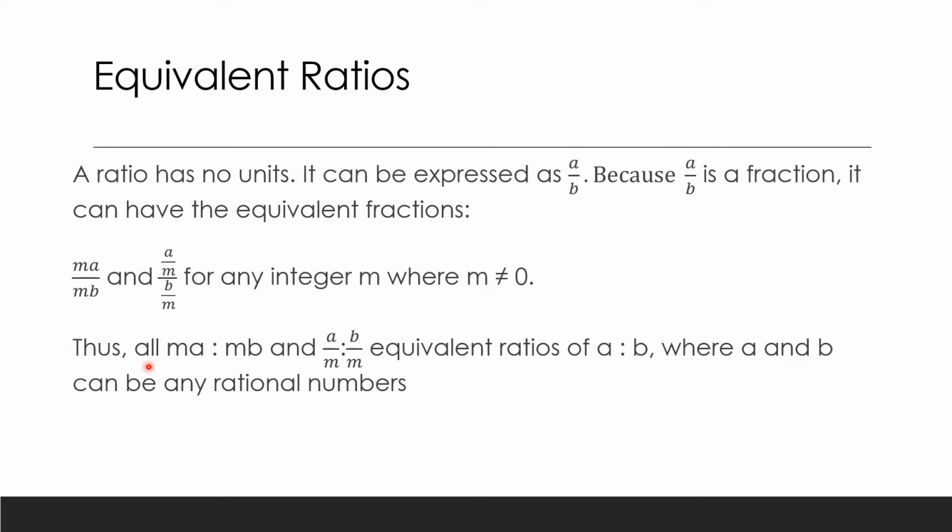Thus, MA is to MB and A over M is to B over M are equivalent ratios of A is to B, where A and B can be any rational numbers, except B is not equal to 0.